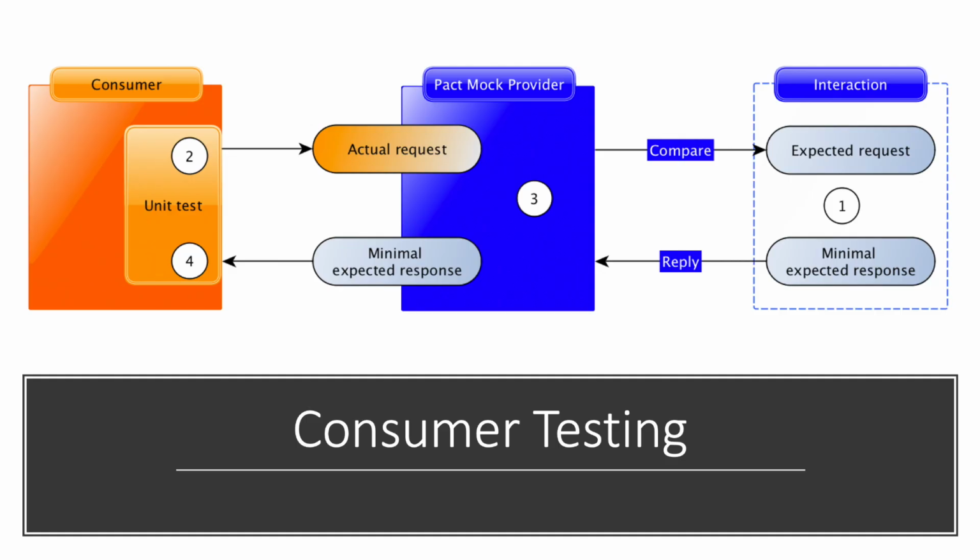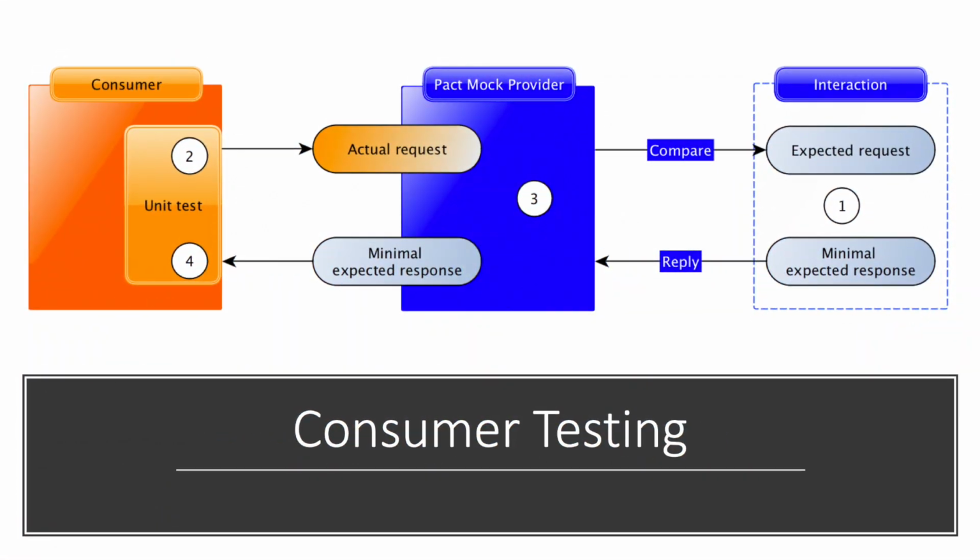Pretty simple. So in a consumer test, we actually have what are called interactions, and there is something called a Pact mock provider, and then we also write some unit test cases, which are more towards how the particular API actually works. In summary, we'll be using the Pact DSL.